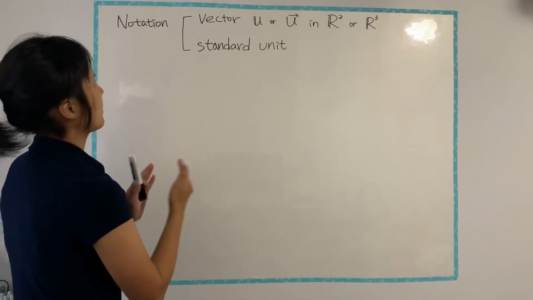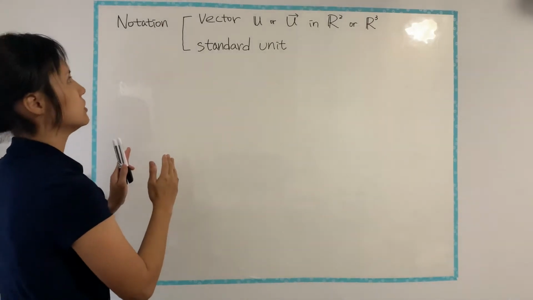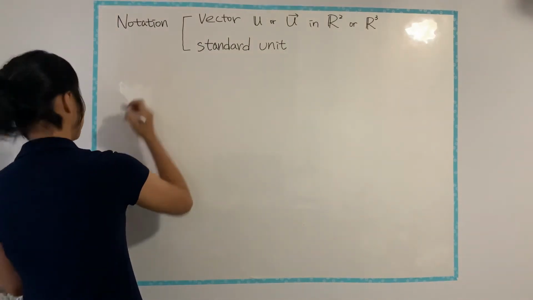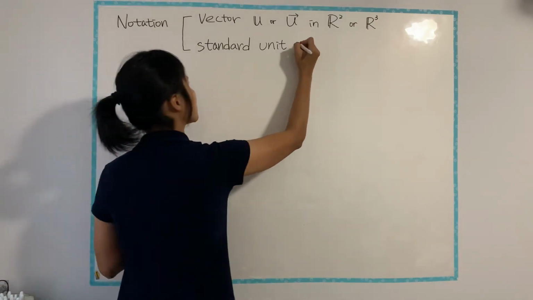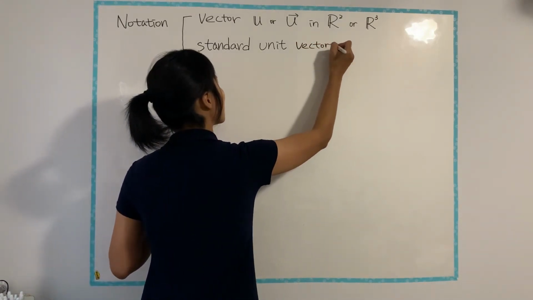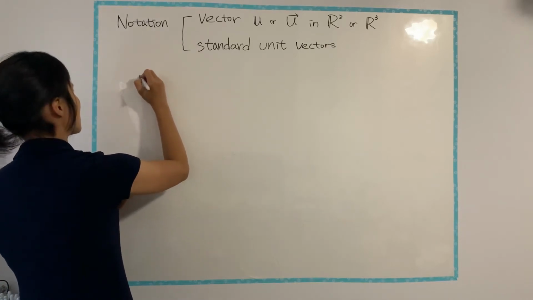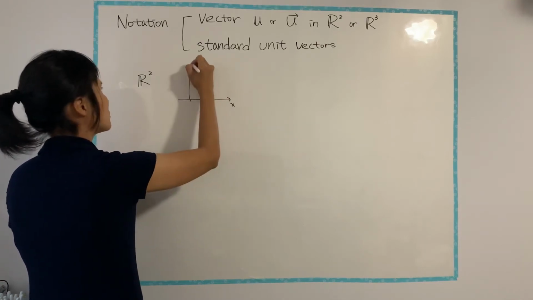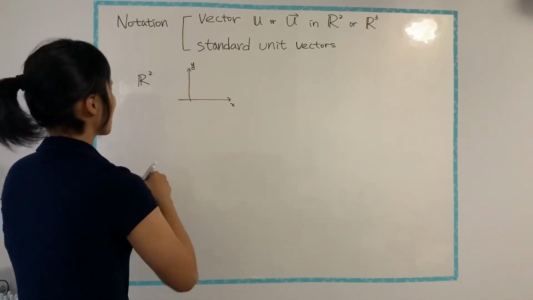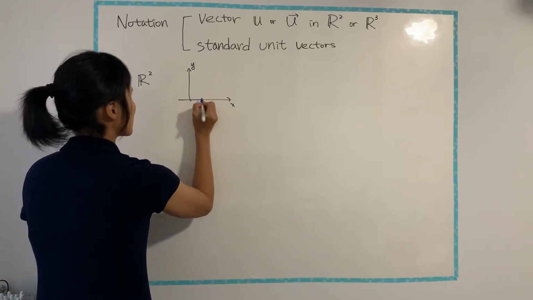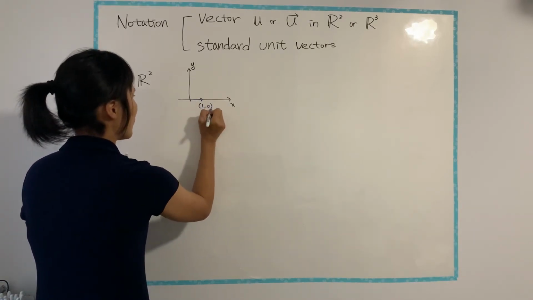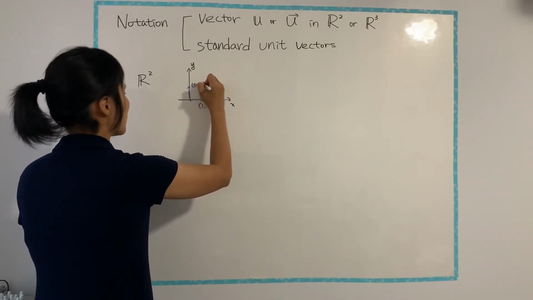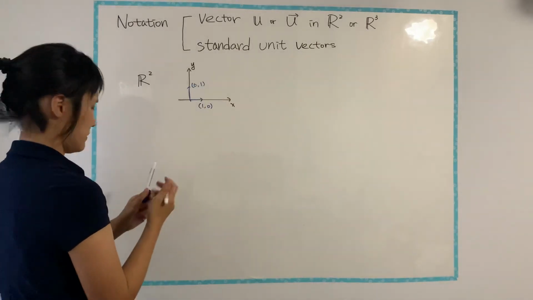Now you know how to denote and write a vector in a 2-dimensional space or the 3-dimensional space. Now let's talk about standard unit vectors. So again, this is just notation. In R2, we have the vector (1, 0) and the vector (0, 1) as our standard unit vectors.